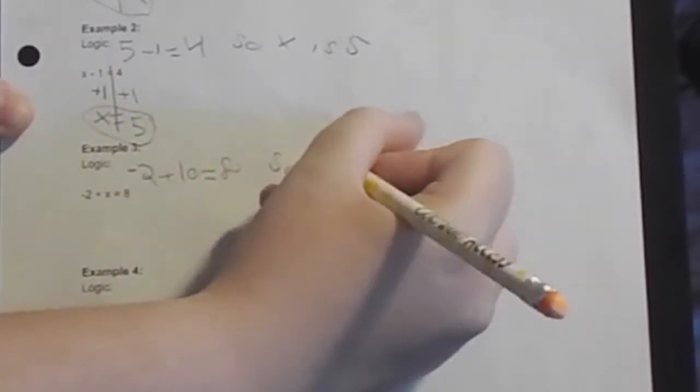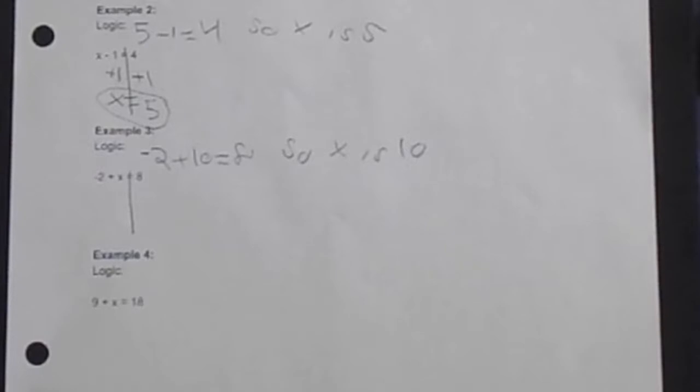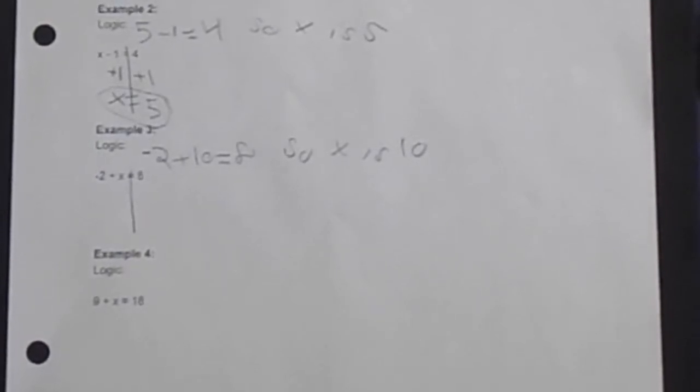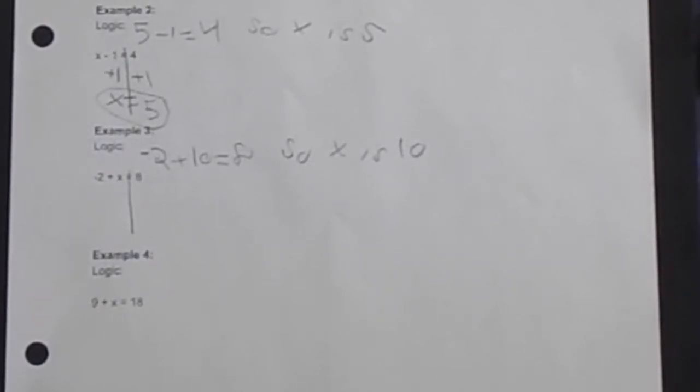Next, negative 2 plus some number becomes 8. Well, negative 2 plus 10 becomes 8. So x is 10. However, if you didn't know that logically, you can draw your wall and say that on the left side with x is a plus negative 2.